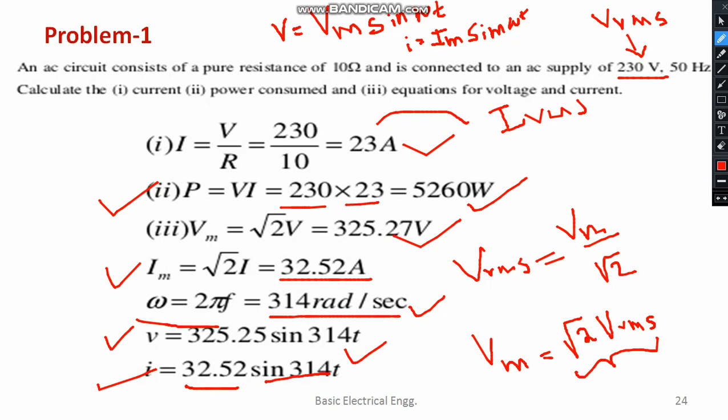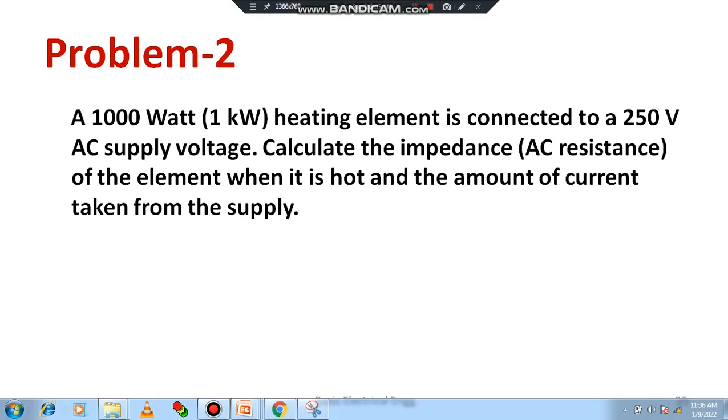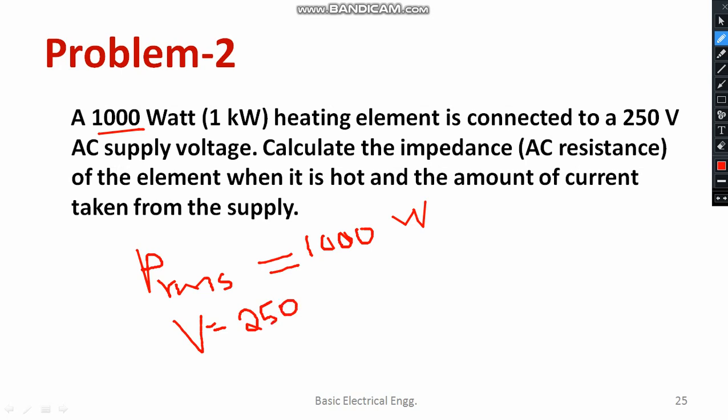I hope you understood how to solve this simple problem. One more simple numerical example I will show you. Please read the question. A heating element of P equal to 1000 watts is supplied with voltage of 250 volt, which is RMS only.